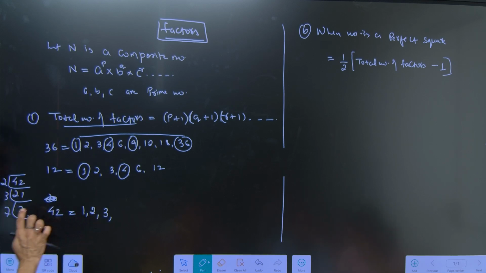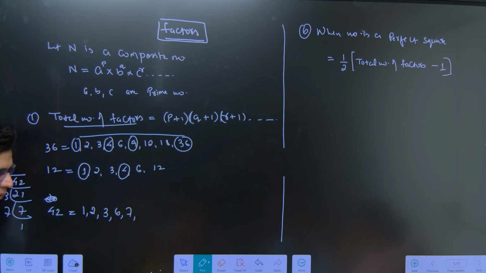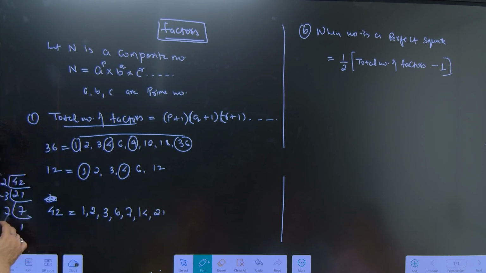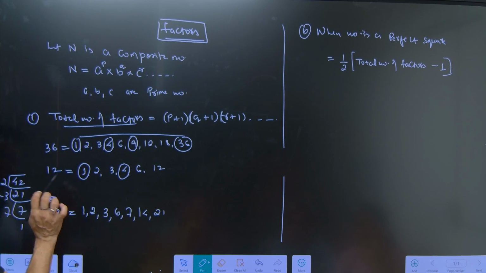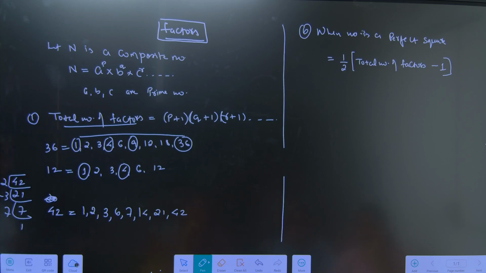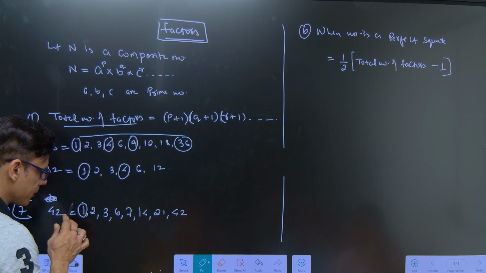So 2, 3, 7 are factors. With 2 and 3 we can make 6. Then 7 2s are 14, 7 3s are 21, and the last is 42. So 8 factors are there. Out of these 8 factors, how many are perfect squares? Only 1.